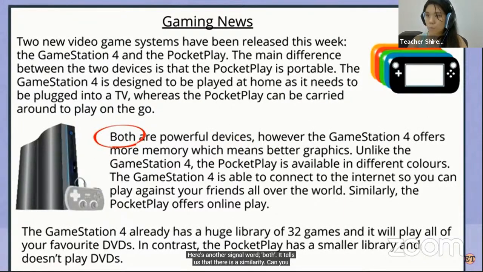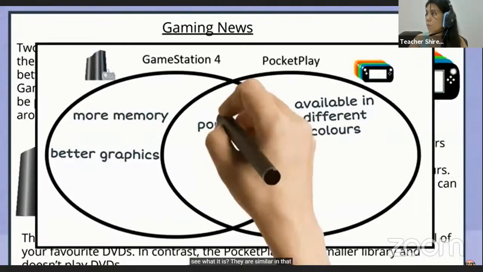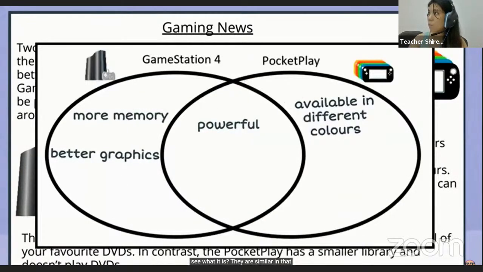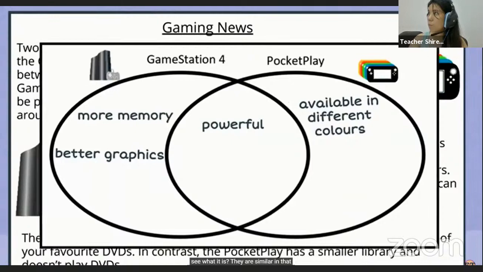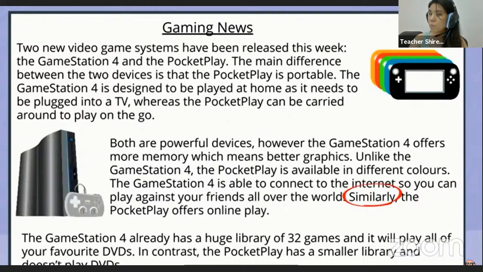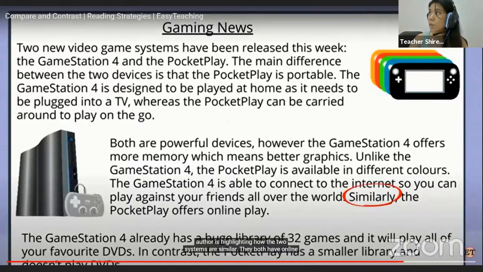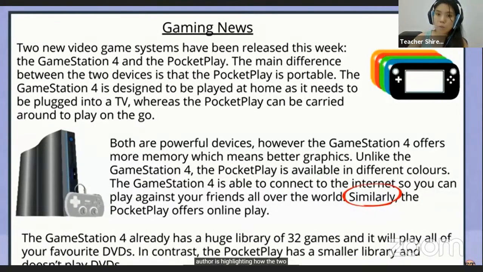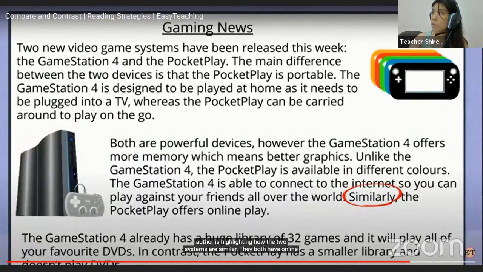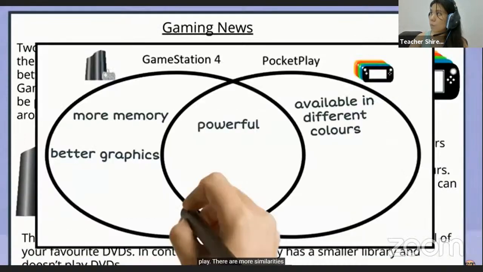It tells us that there is a similarity. Can you see what it is? They are similar in that they are both powerful. I also found the word similarly. This word tells us that the author is highlighting how the two systems are similar. They both have online play.